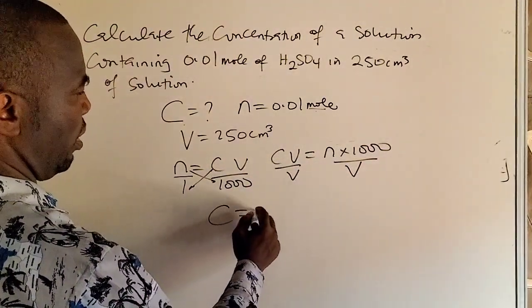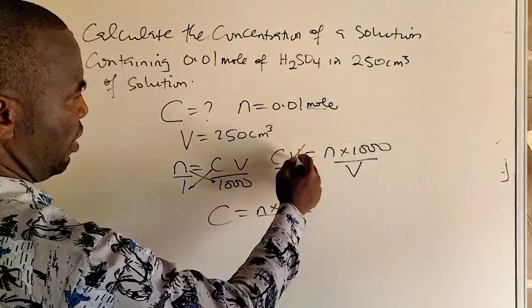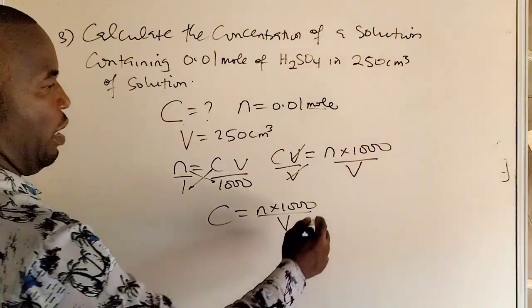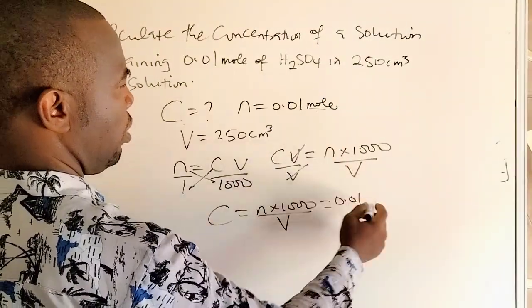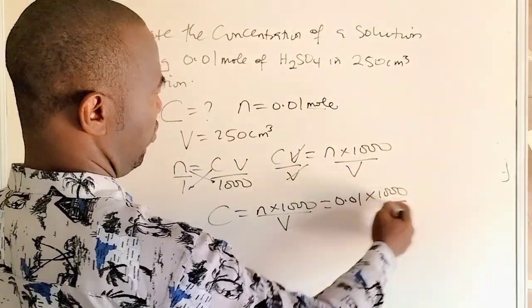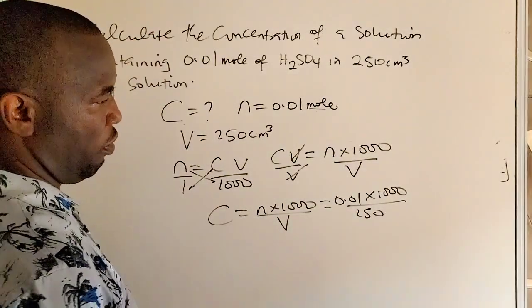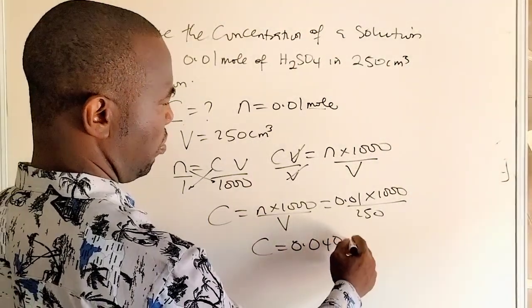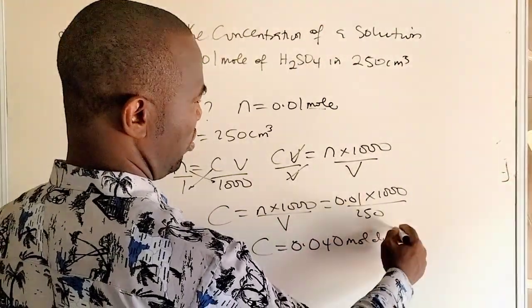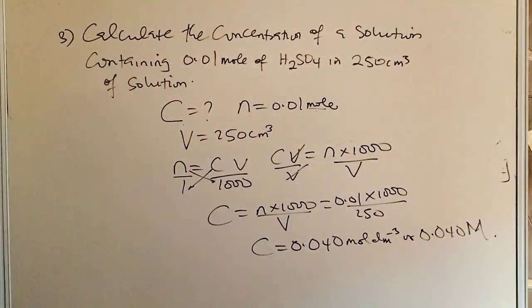So our C becomes N times 1,000 all over volume, because V cancels V. The value of our N, number of moles, is 0.01 mole times 1,000 all over the volume, which is 250. So when we solve, our final answer is 0.040 mole per dm cube, or 0.040 molar solution. So that is the answer to the question.